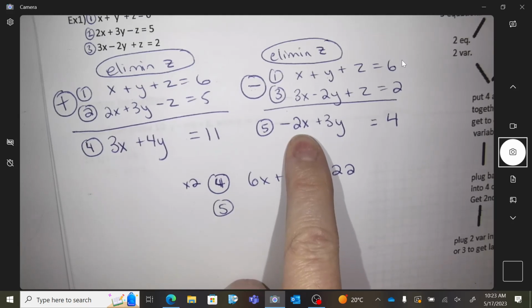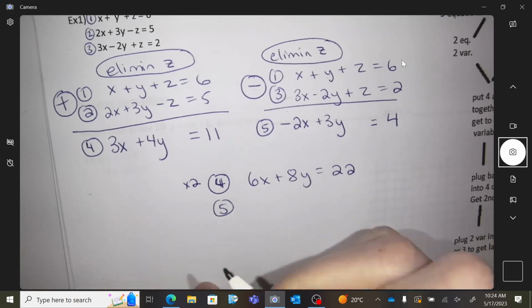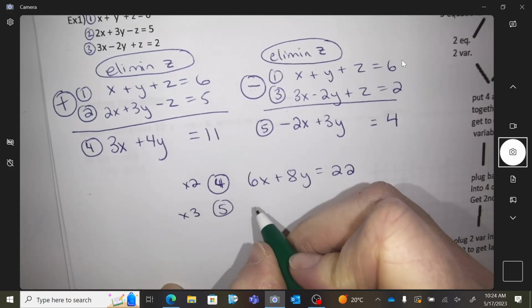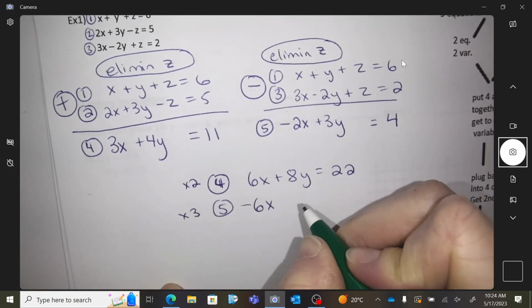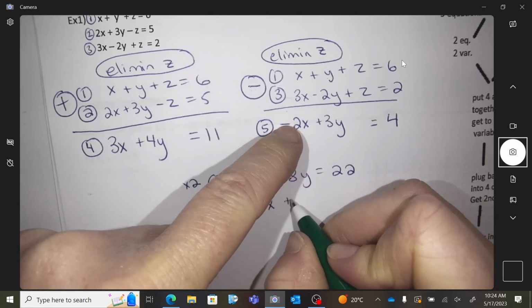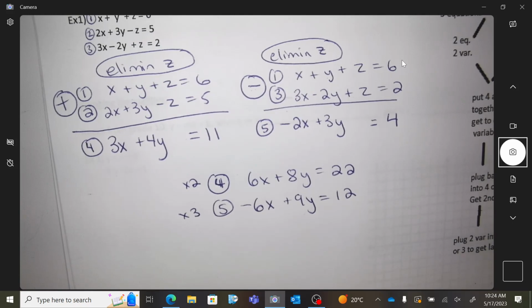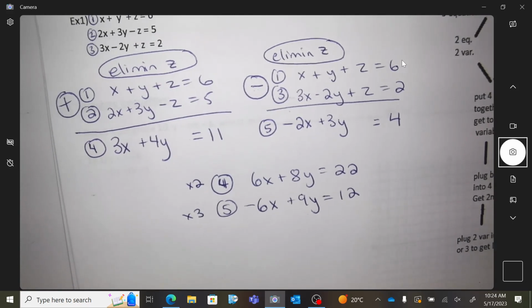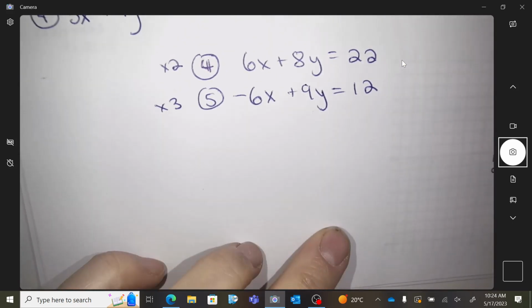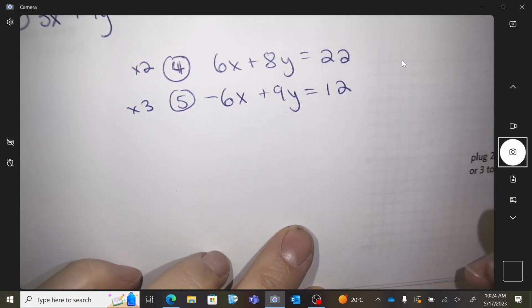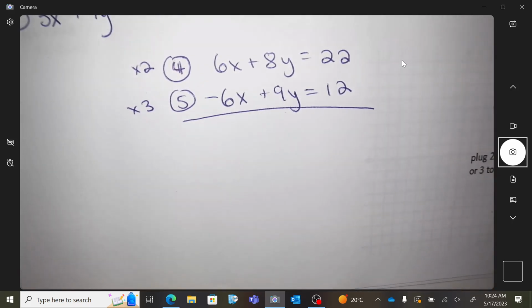So now I'm going to take equation 5 and times it by 3. Some of you might have times it by -3.